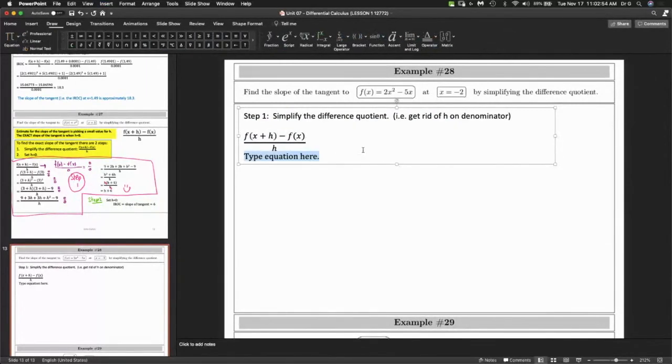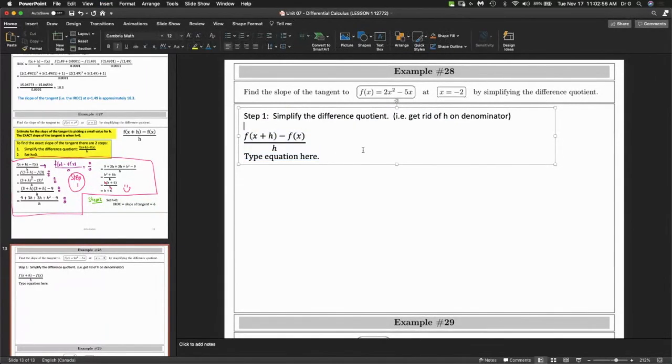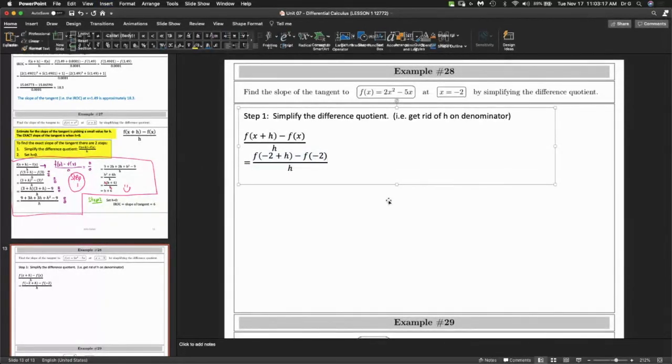So first we plug in our value of x here. What's the value of x in this example? Thank you, Anthony. Thank you, Shaquille. So you plug in that.